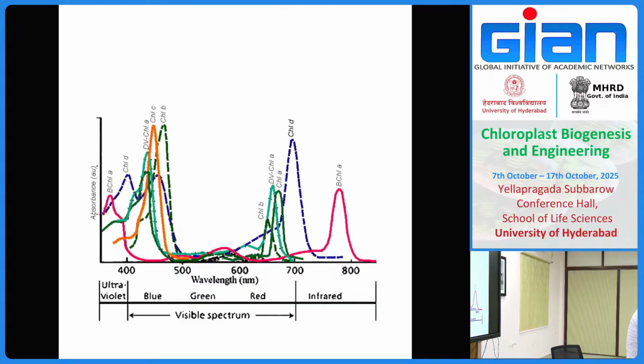So plants should ideally be black, to harness all the wavelengths of light and convert it into food. They can carry energy, but they haven't made themselves black.